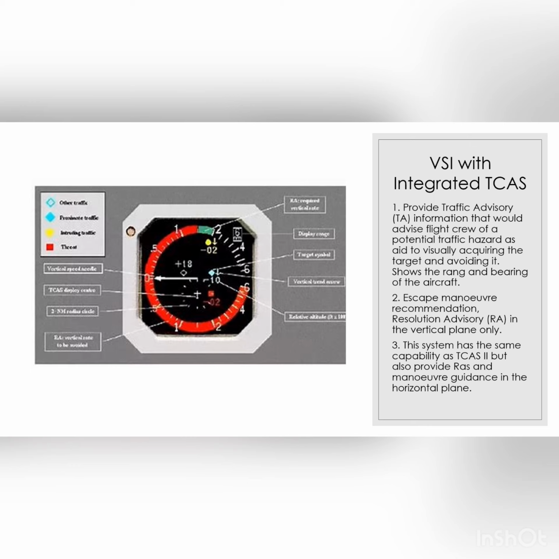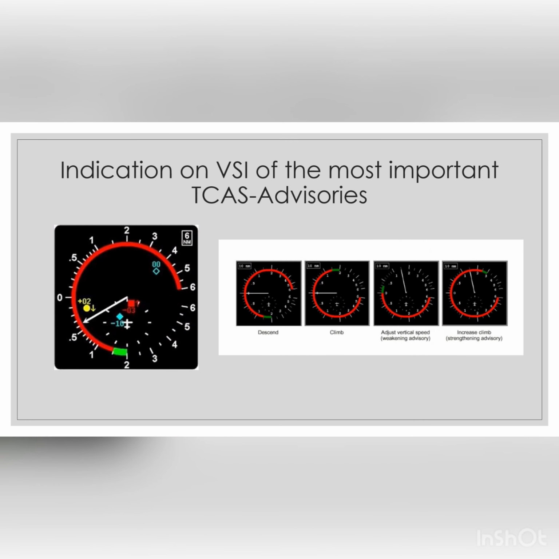It can also issue a maneuver recommendation, resolution advisory RA, in the vertical plane only. But this system also has the capability of maneuver guidance in the horizontal plane. And this is the indication on the VSI of the most important TCAS advisories.